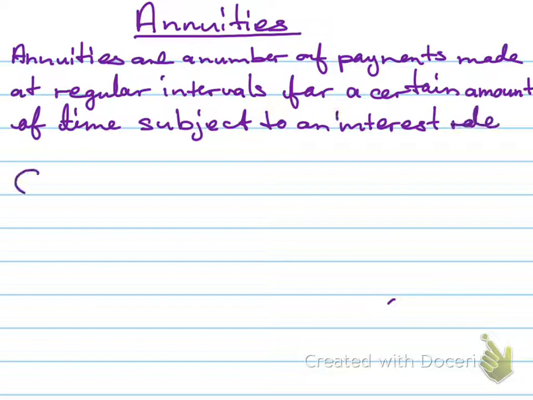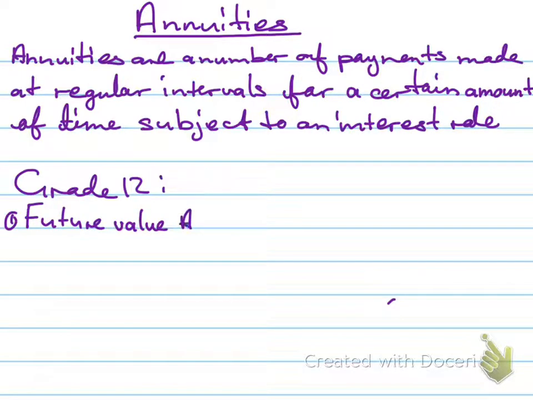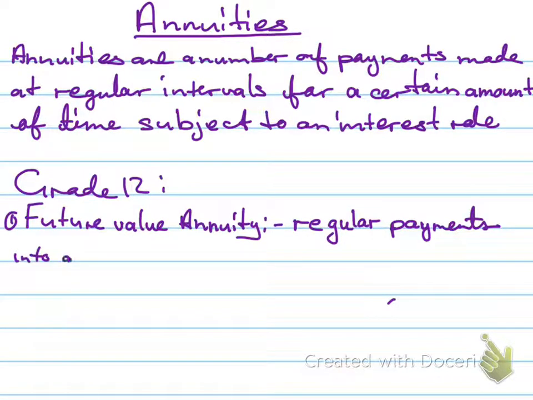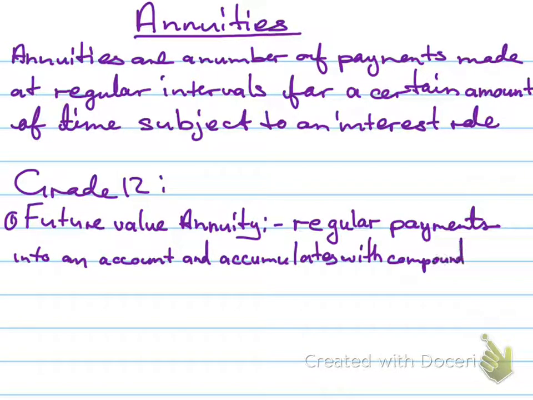Usually it's a compound interest rate. We are going to be looking at the future value annuity, which is regular payments made into an account, so that the money will accumulate to a certain amount at the end of a specified period.